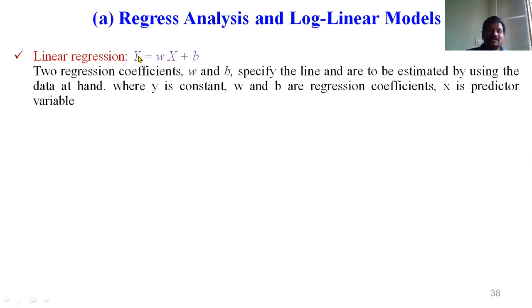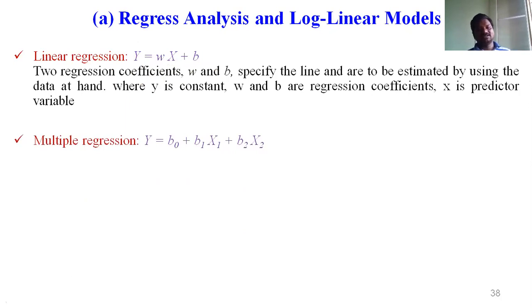For example, y is a dependent variable, x is an independent variable. Based on the x values we will identify the y value. For example, I am taking x values 1, 2, 3. Corresponding to that, based on the w and b parameter information, you will calculate the value here. That is linear regression, and then multiple linear regression.